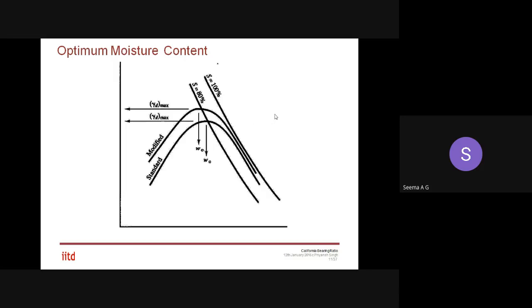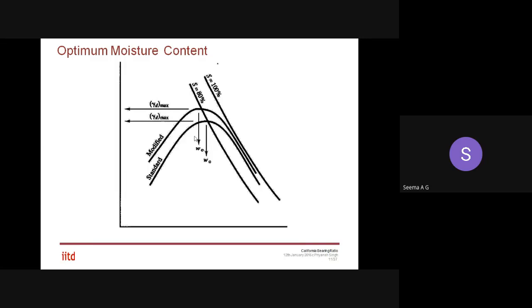The dry soil sample is taken, and it is prepared usually with water content equal to the optimum moisture content and the maximum dry density, which are obtained from the heavy compaction test.